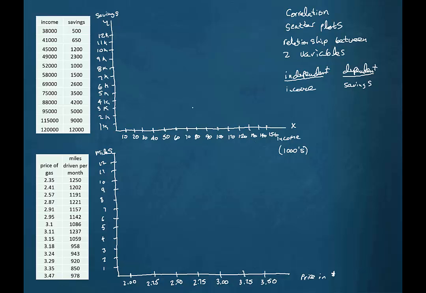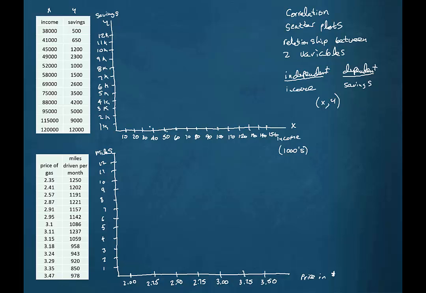So we're just going to treat these as ordered pairs, just like we would with graphing an algebraic equation. XY ordered pairs. X variable and Y variable. So our first ordered pair would be 38,500. So roughly about here.